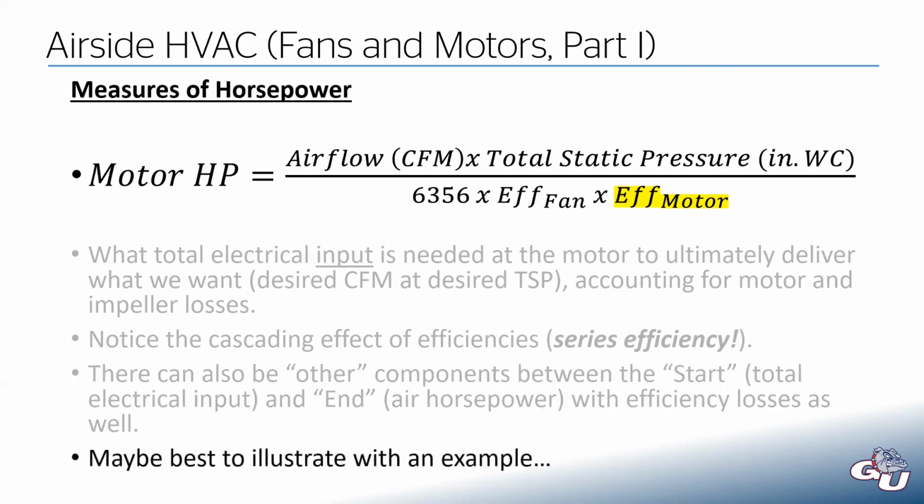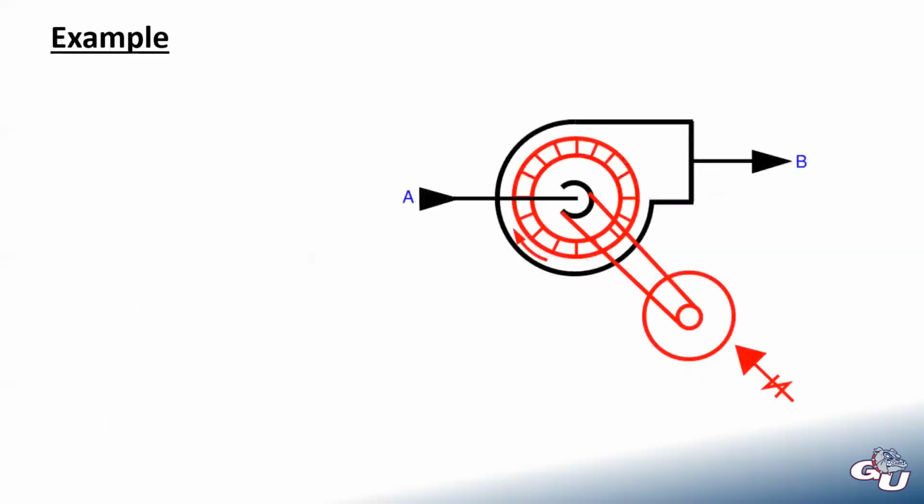So let's look at a quick example here to kind of illustrate how all of these metrics play into each other. So let's say we have our fan here. This impeller is driven by this motor. Assume that that's the motor shaft poking out of your screen. And the designer figures out, I need this fan to move 10,000 CFM of air at 2.5 inches of static pressure.